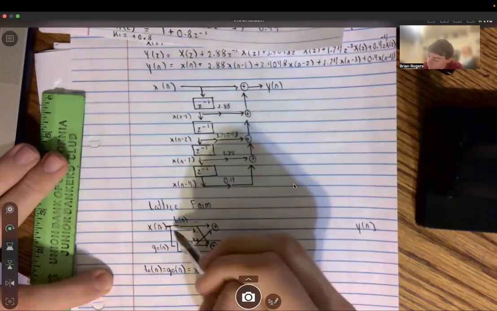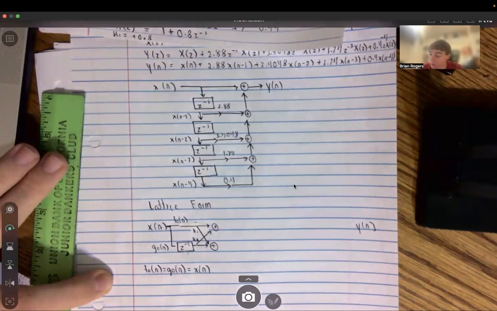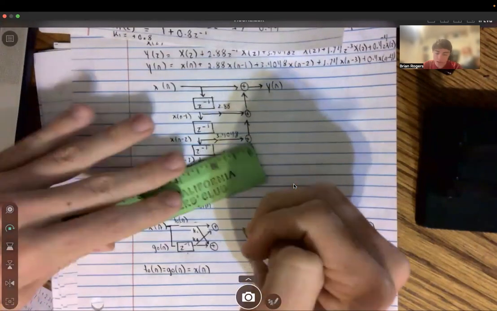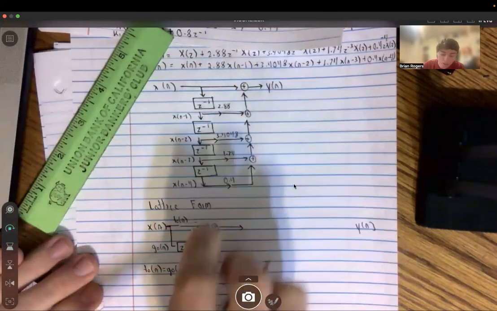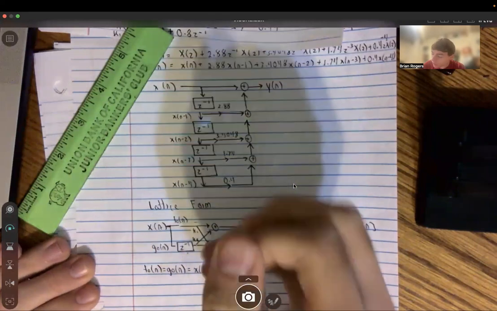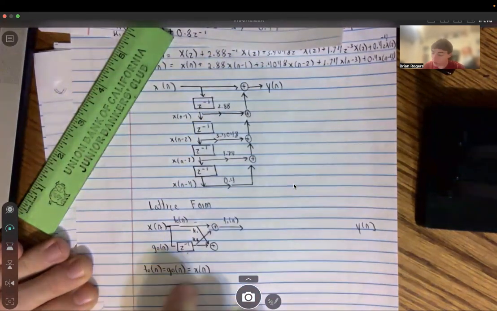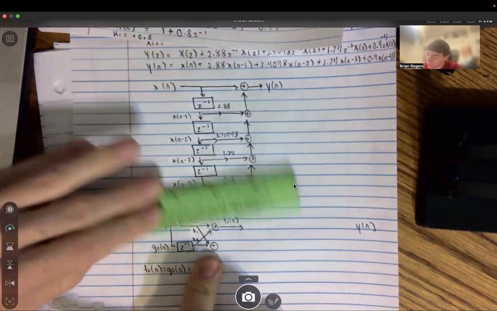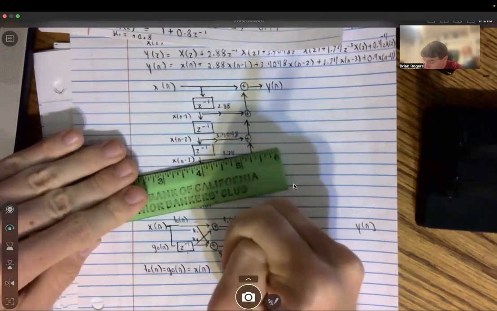And this one's going to take our x of n multiplied by k1. Now it goes to the next step within the filter. Within our lattice form, this one is known as f1 of n, and the bottom one down here is our g1 of n, the output from the summing block.